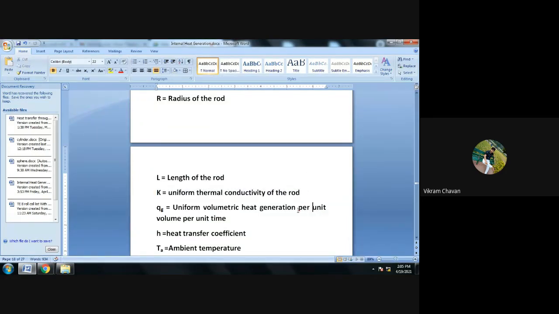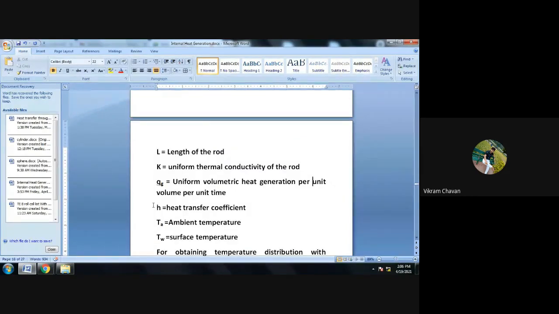Then we have discussed just now that small q suffix g is the uniform volumetric heat generation, that is nothing but heat generated per unit volume per unit time. Then h we have to consider as heat transfer coefficient between the surface of rod and the external environment.